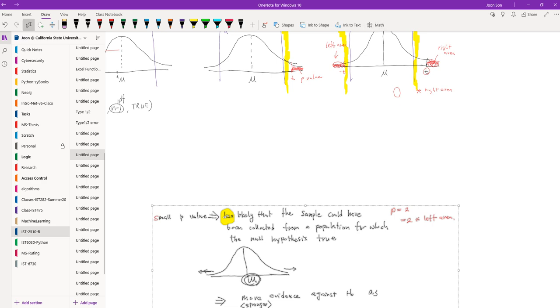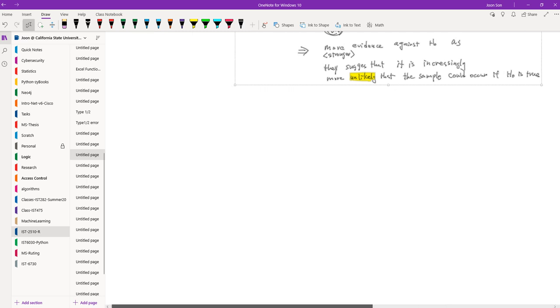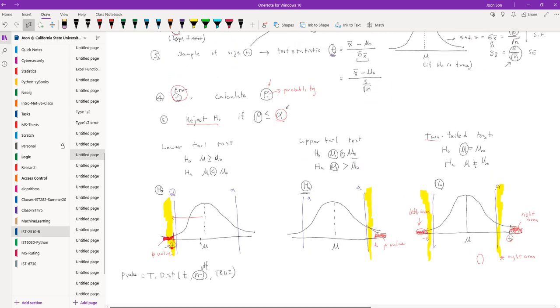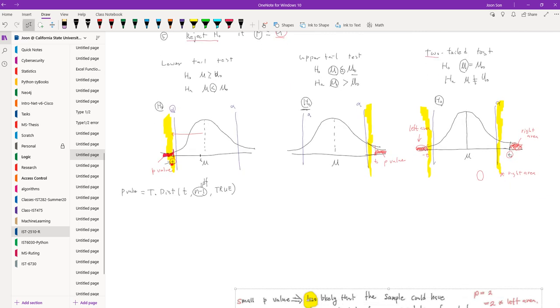So for the upper tail case, to get this P value, this area, the P value is just 1 minus T.DIST, T, n minus 1, and TRUE.